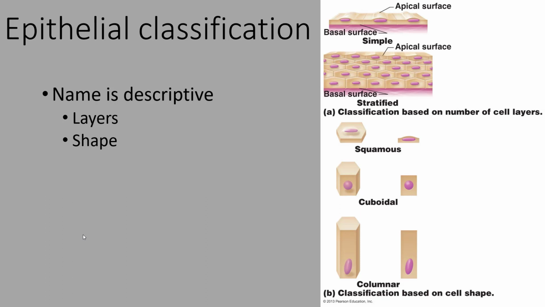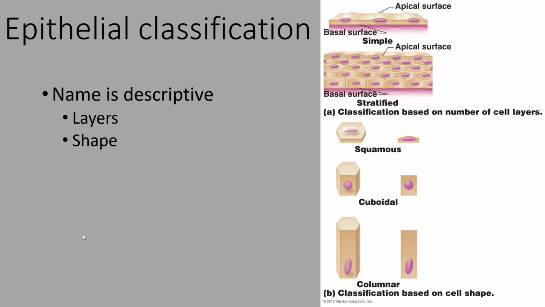Cuboidal, roughly cube-shaped, or about the same height and width. Sometimes they're more circular. And columnar, tall and thin. So you'll see something like simple squamous or stratified squamous, simple columnar, something like that.